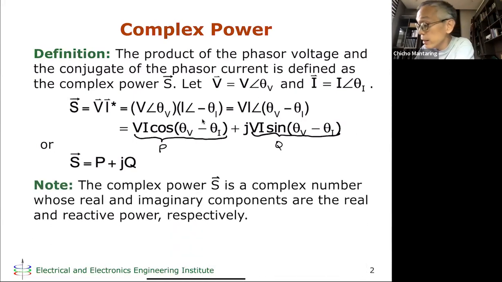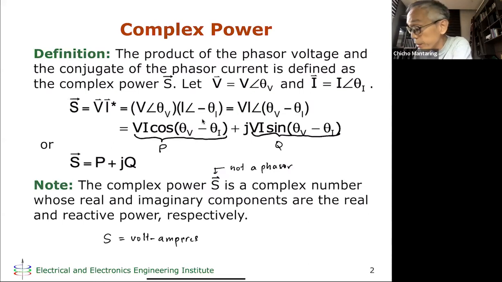Note that this is a complex number. However, this is not a phasor. We said we only use the vector sign on top to denote a phasor. But the reason why we do this for complex power is because if you just say S is just volt amperes, as you recall from our discussion last week, this is just the RMS value of your voltage multiplied by the RMS value of your current.